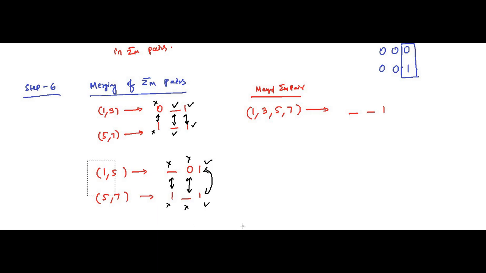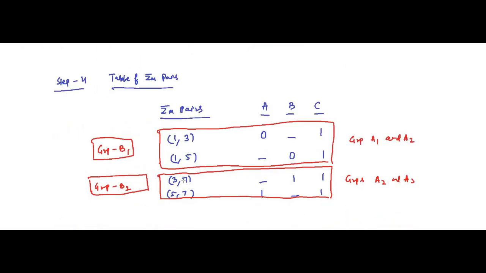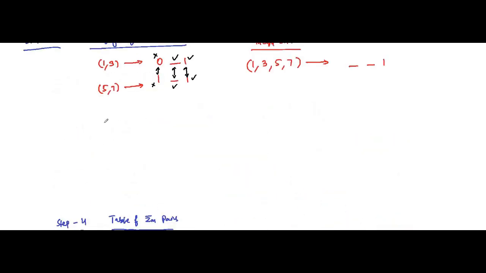So let us see another condition, that is 1 5 and 3 7. Okay, 1 5 and 3 7. So 1 5 is dash 0 1, and 3 7 is dash 1 1. Okay, so here it is identical, blank space, blank space. Here it is 0, here it is 1, so it is differing in the middle bit position.